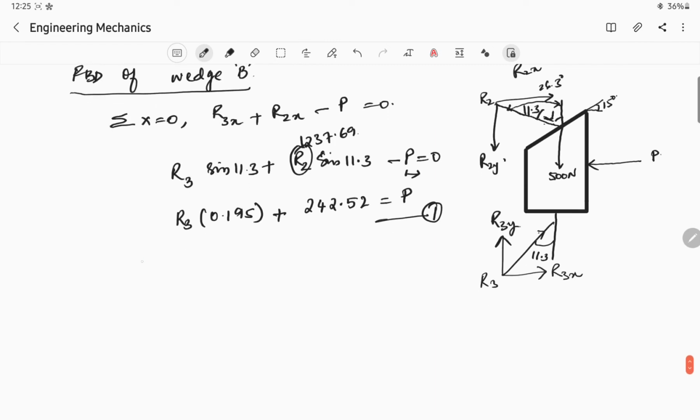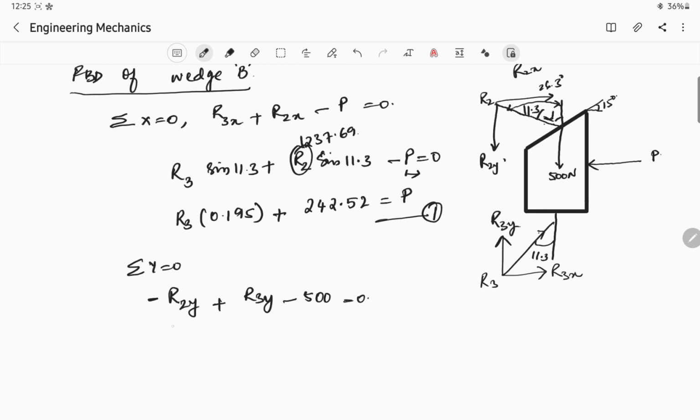Now next we'll go for sigma y is equal to 0. If you do sigma y is equal to 0, how many vertical forces do we have here? R2y, which is going in the downward direction, so minus, plus R3y, again it is going in the upward direction, minus 500, is equal to 0.